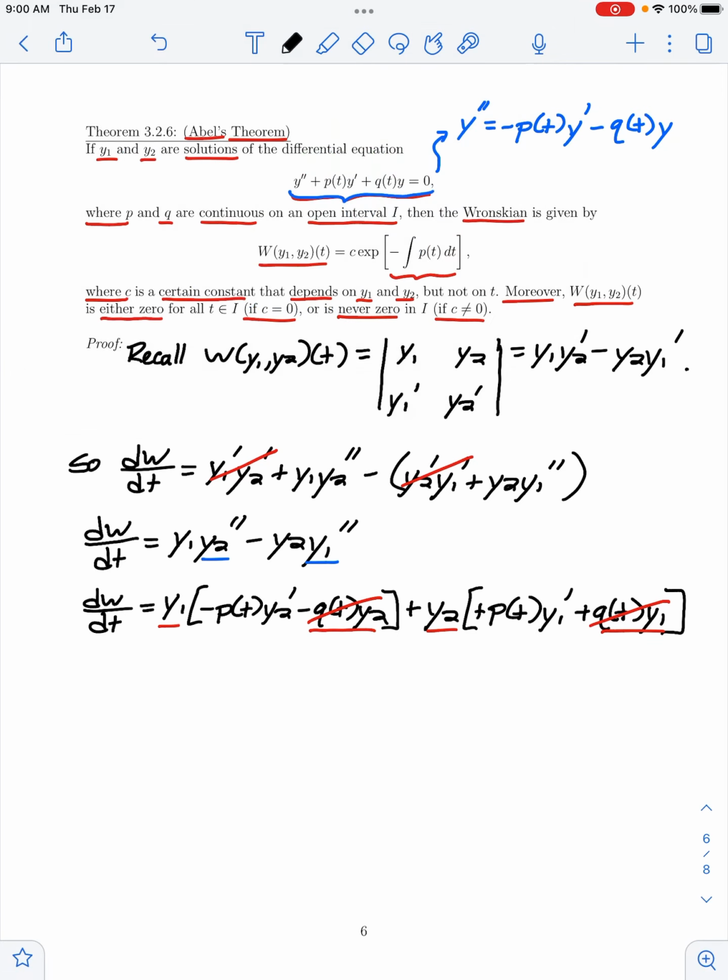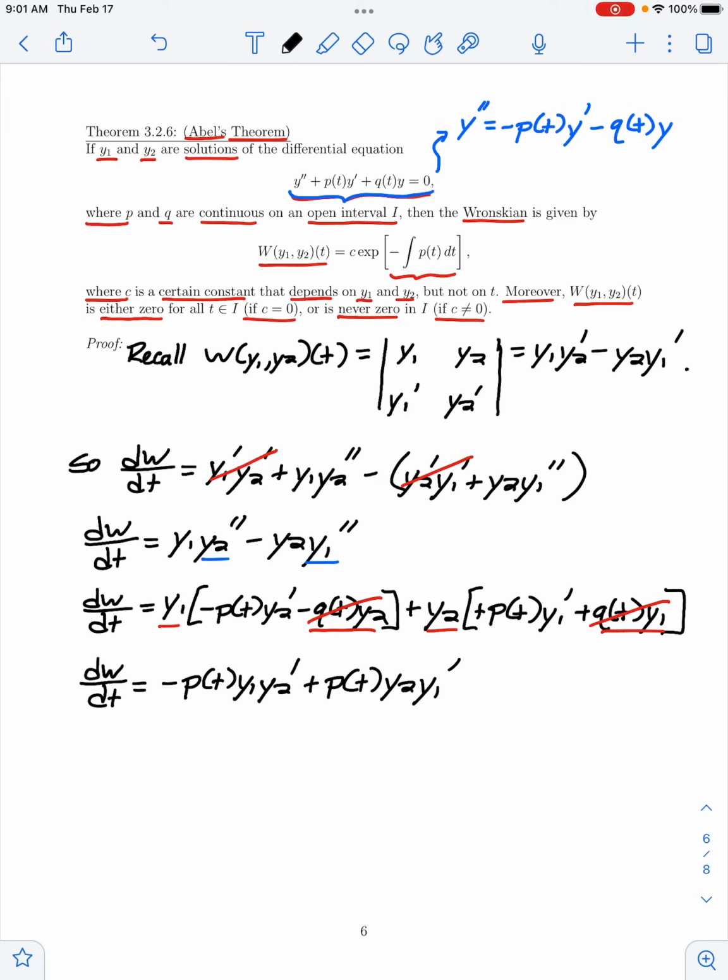And so we are left with our derivative of the Wronskian is equal to negative p of t y1 y2 prime plus p of t y2 times y1 prime.